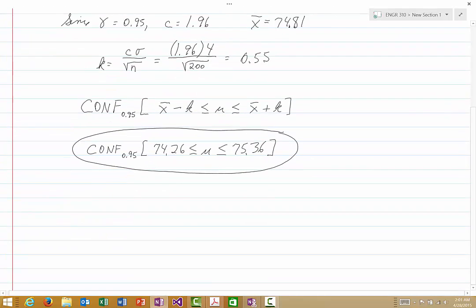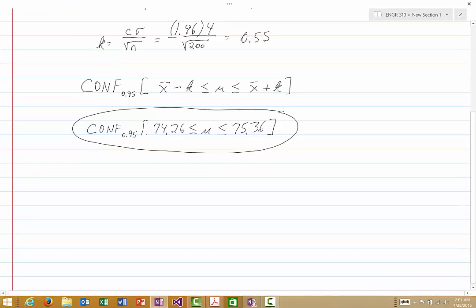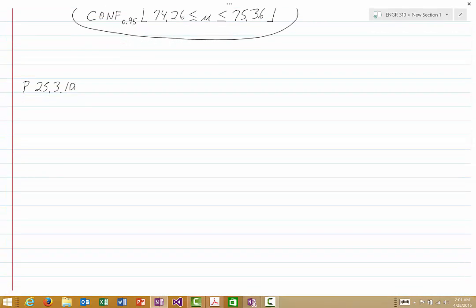Now, let's look at a different problem. The next problem will be 25.3.10. And in this problem, we want to do the following.